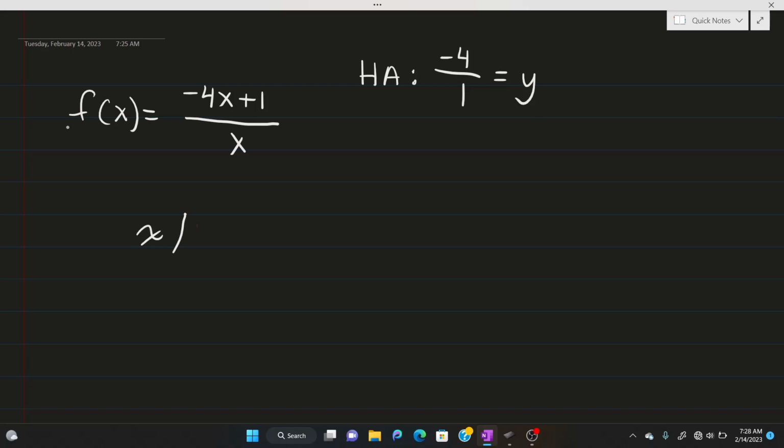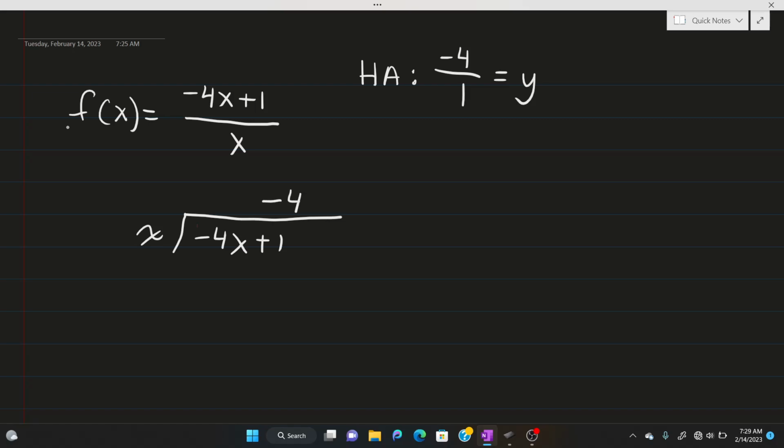So I put the bottom out front, negative 4x plus 1 under the long division symbol. And now I'm asking myself, what do I need to multiply this first term on the outside to get this first term on the inside? So what would I need to multiply x by in order to get negative 4x? The answer is negative 4.